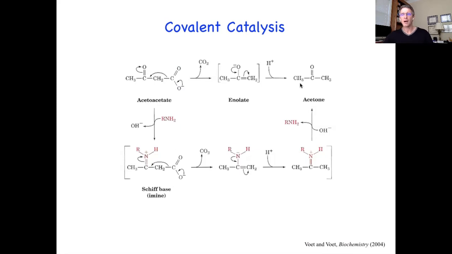Now, covalent catalysis sometimes gets categorized in a couple of different categories, as either nucleophilic or electrophilic covalent catalysis.